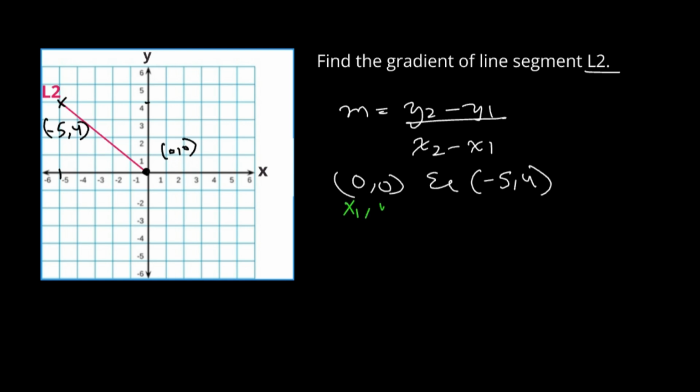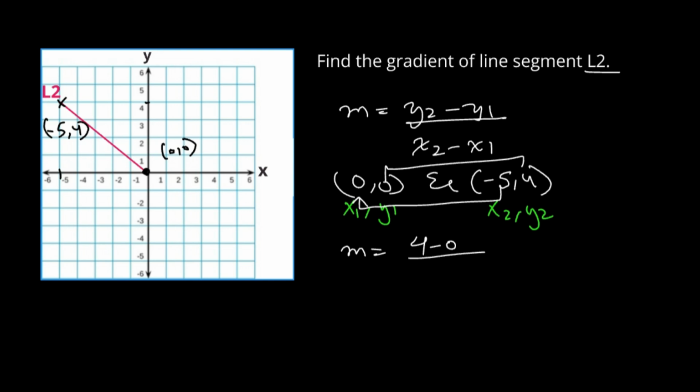Now let's call this x1, y1 and this coordinate x2, y2. So the gradient becomes 4 minus 0, that is y2 minus y1, divided by -5 minus 0, that is x2 minus x1. So 4 minus 0 is 4, and -5 minus 0 is -5. So the gradient becomes -4/5.